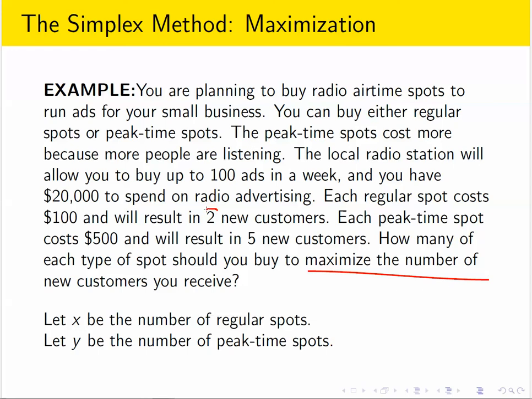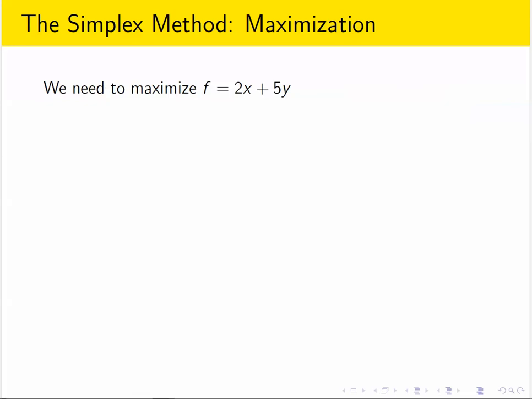Well, we get 2 new customers for each of the x regular spots and 5 new customers for each of the y peak time spots. So if we combine those, we can write down our objective function we're hoping to maximize: 2 times the number of regular spots plus 5 times the number of peak time spots.